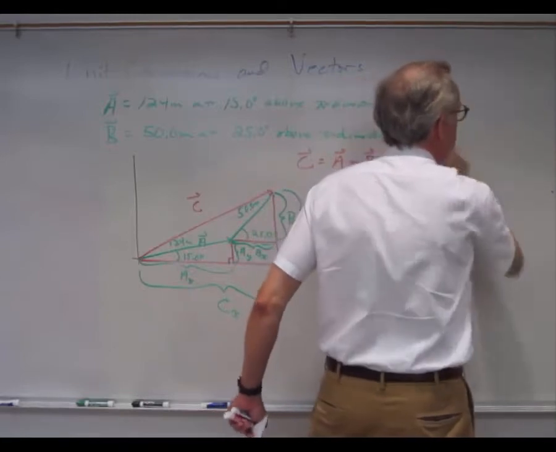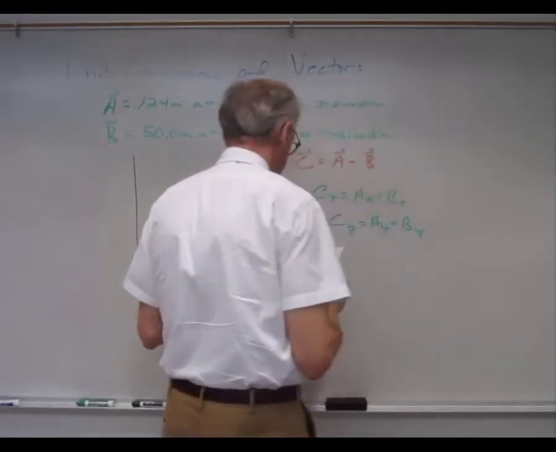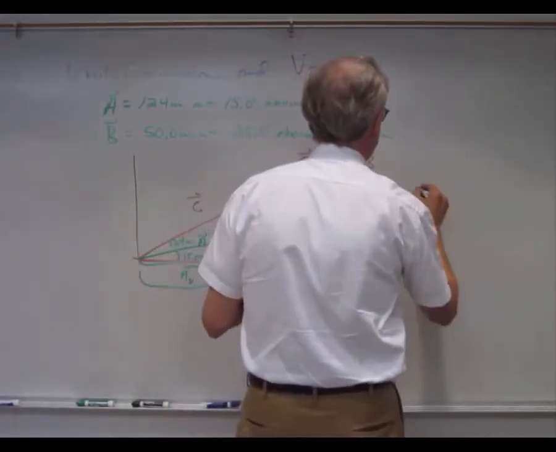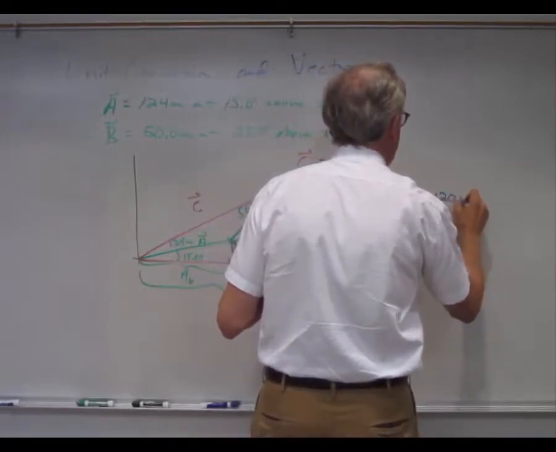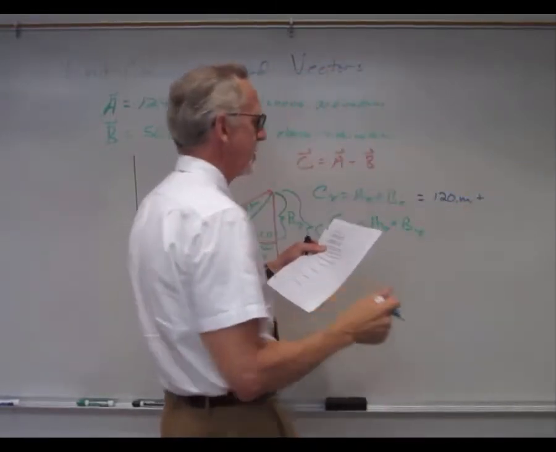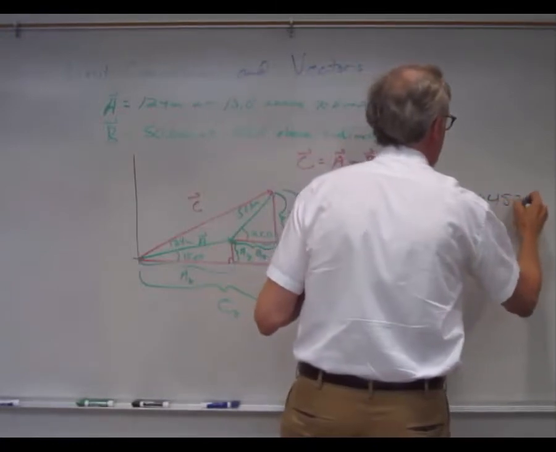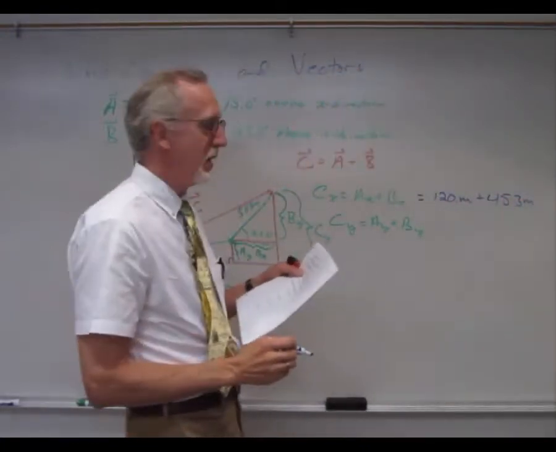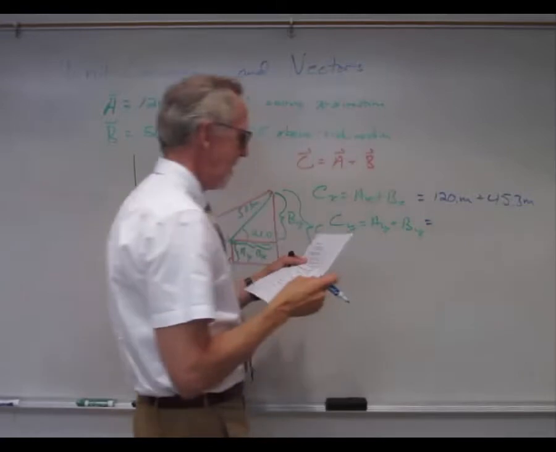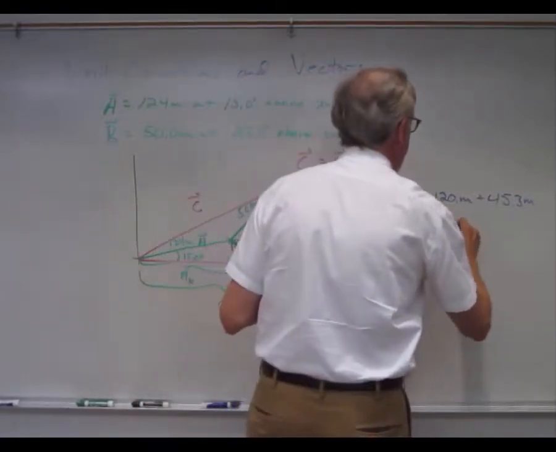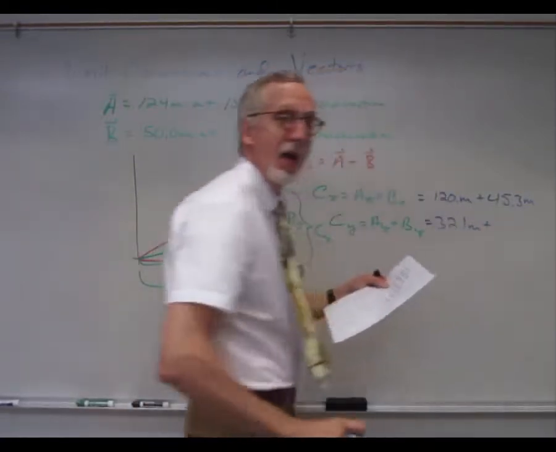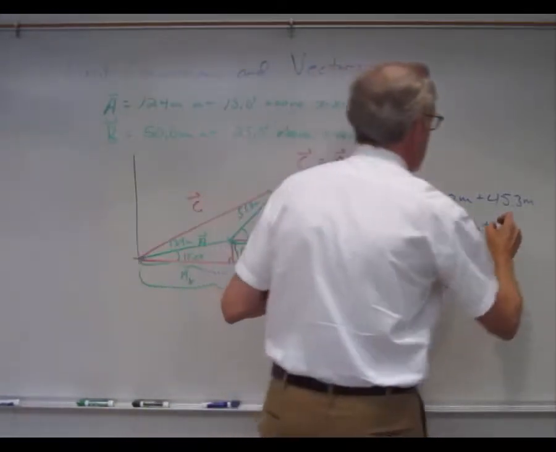And let's remember those numbers that we found. We've got Ax is 120 meters and Bx was 45.3 meters, while Ay was 32.1 meters and By was 21.1 meters.